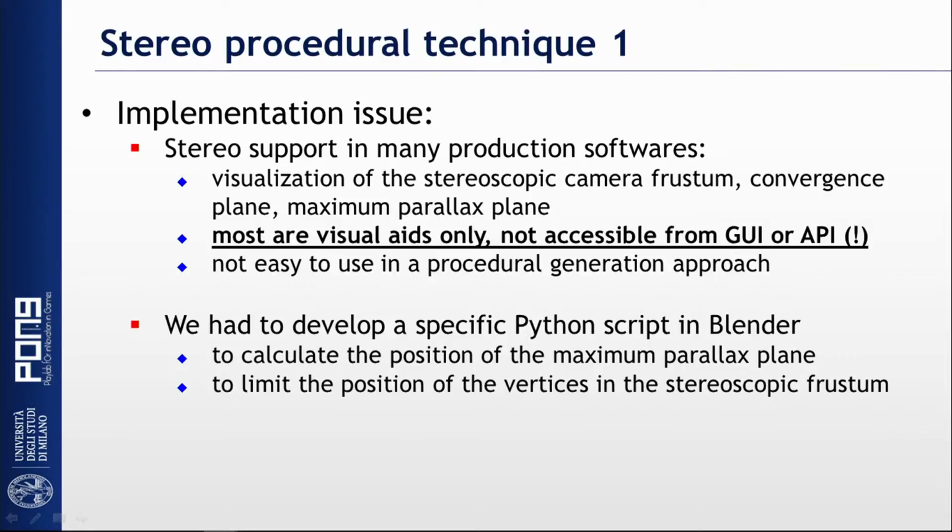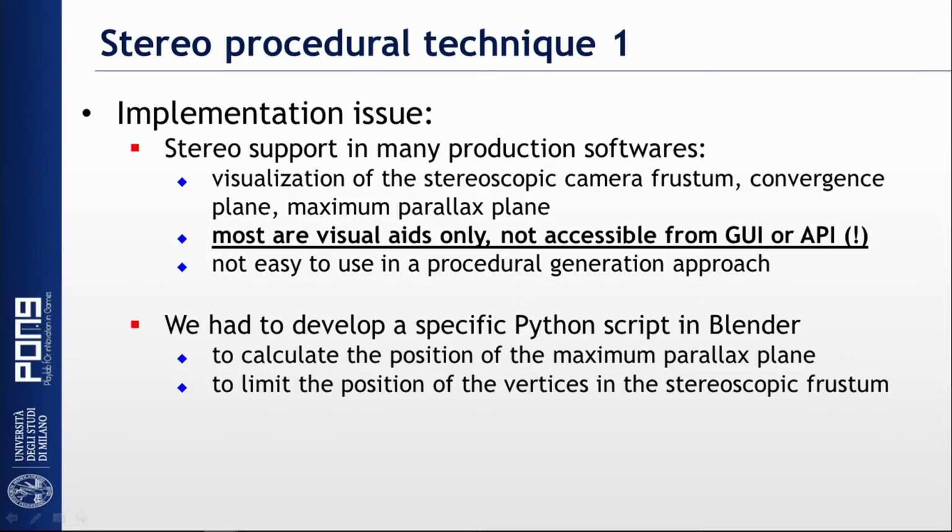There are no panels on the graphic interface telling you, OK, the maximum parallax plane is that far. If it's equal to the far plane of the camera, OK, you're lucky. But otherwise, you have no way to know where it is, nor is it provided in the API if you want to develop a script. So it's calculated inside the software, but it is not provided to the user. So you cannot use it from the beginning.